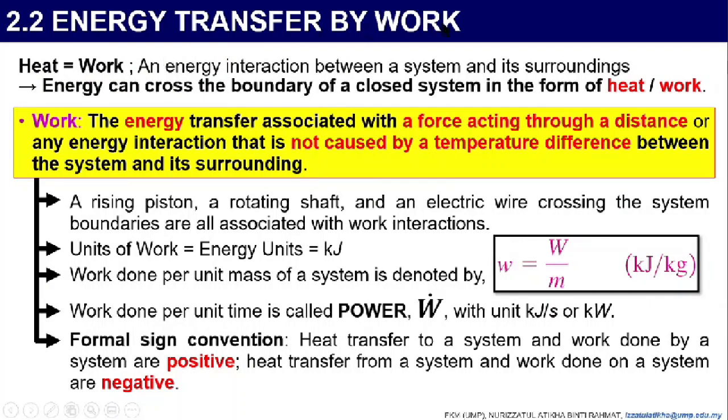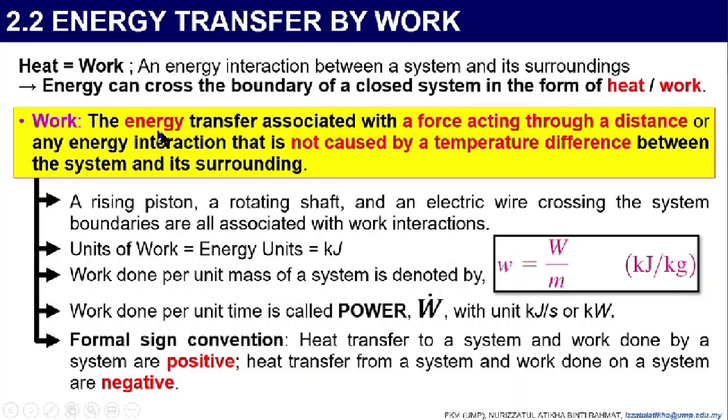Alright, now let's see energy transfer by work. Just now we saw energy transfer by heat. Heat and work are energy interactions between a system and its surroundings, where energy can cross the boundary of a closed system in the form of heat or work. What is the definition of work?